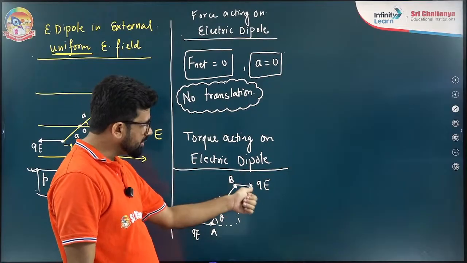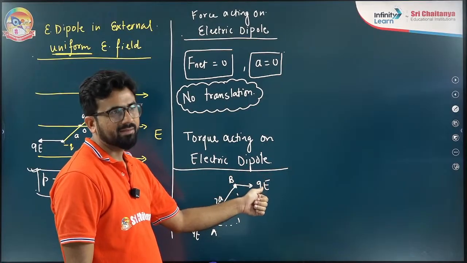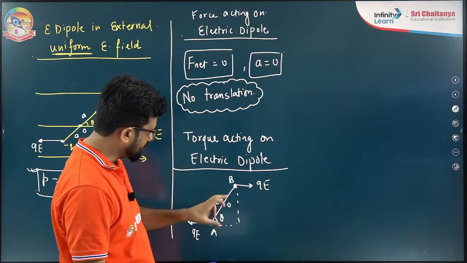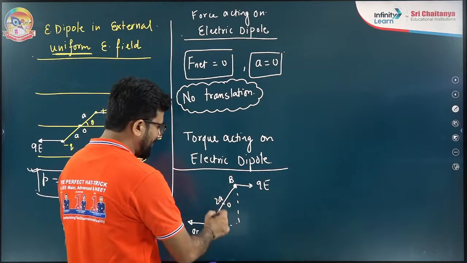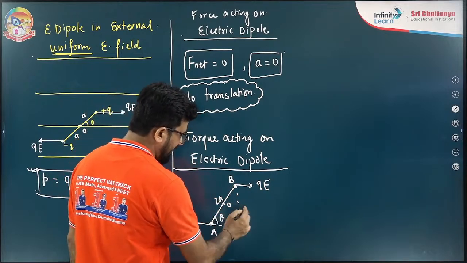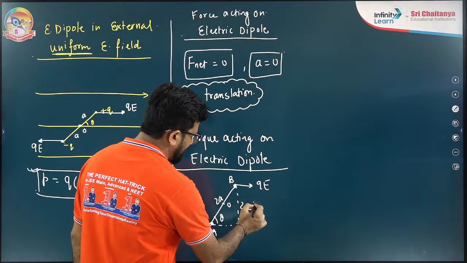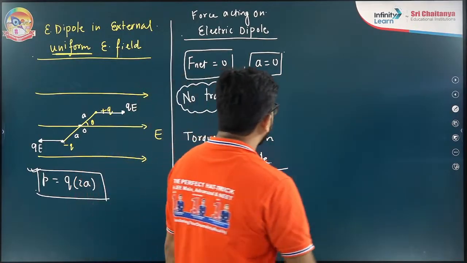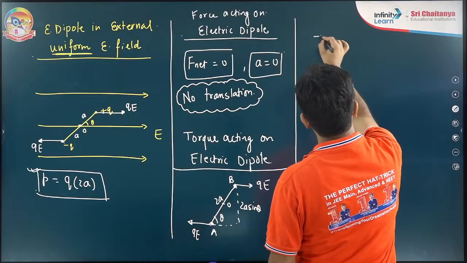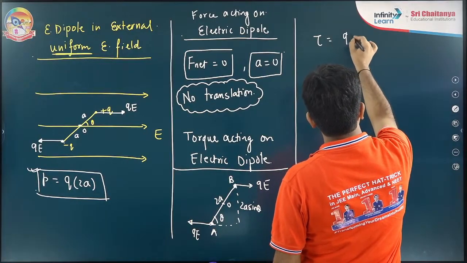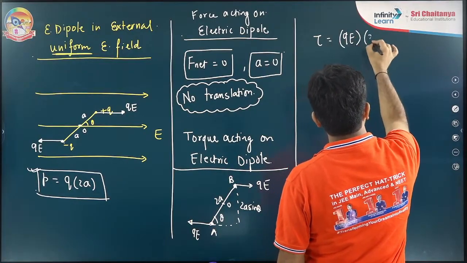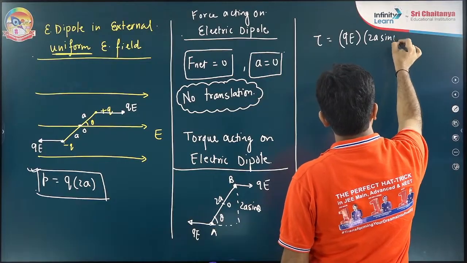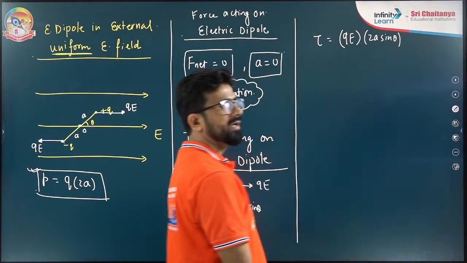So the QE force above will exert a torque. How much is the perpendicular distance? This is 2a, with angle theta, so it is 2a sin theta. So the torque is equal to QE into 2a into sin theta.